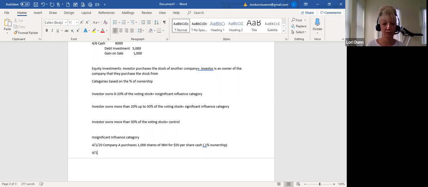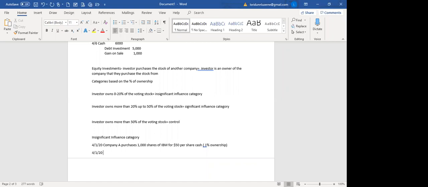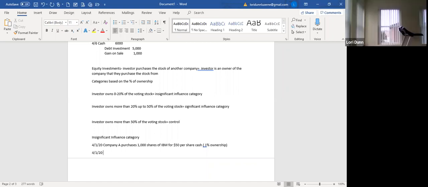So on 4/1/20, Company A will debit, make sure I use their term, it's probably equity investment. Sorry, I should have looked at this. Investments, I think they use. Is that what they use? Yes. Okay. Stock investments.